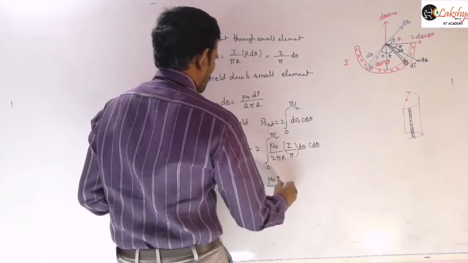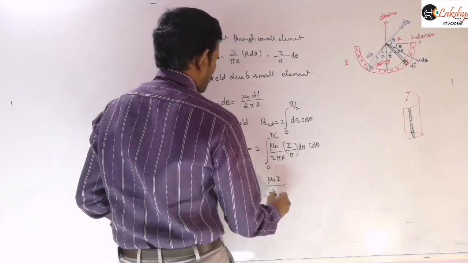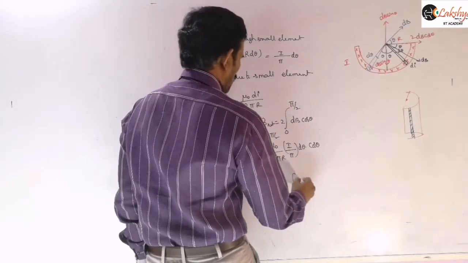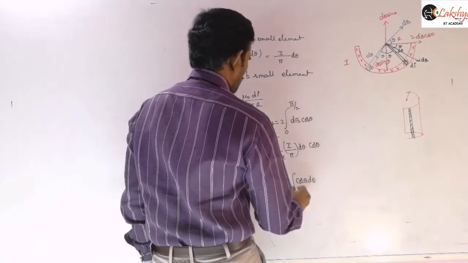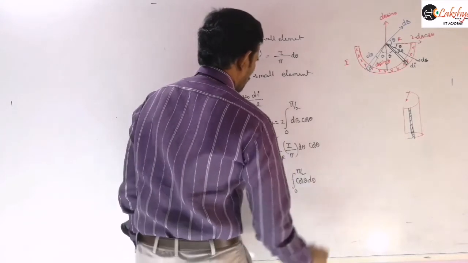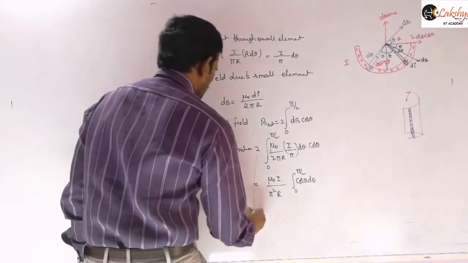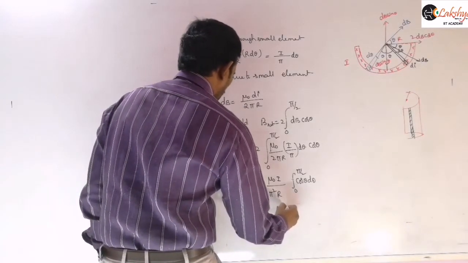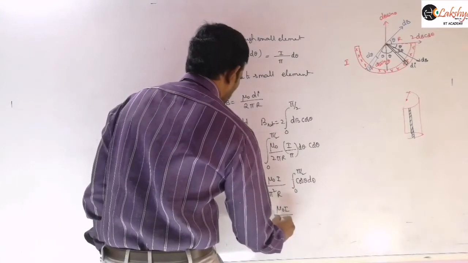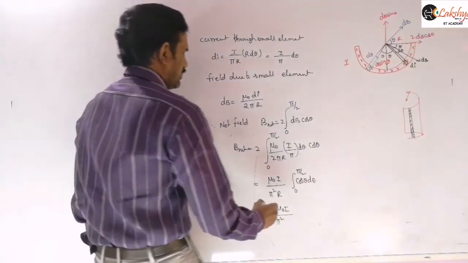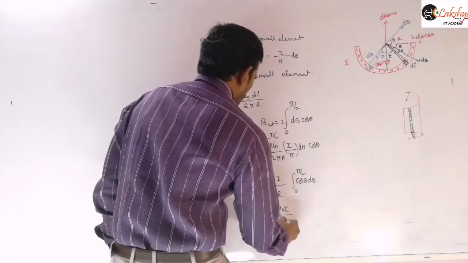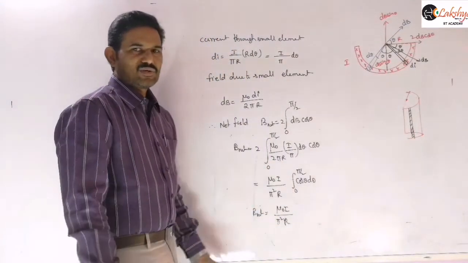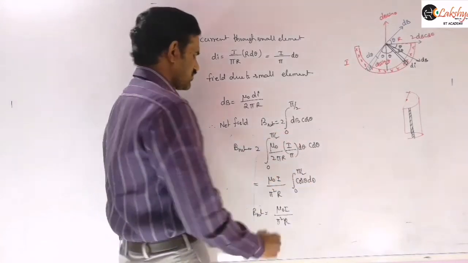So mu naught I by pi square r into the integral of cos theta d theta from 0 to pi by 2, right? And so therefore the net field is mu naught I by pi square r into sin theta, and if you substitute the sin theta limits you will get 1 there, right?